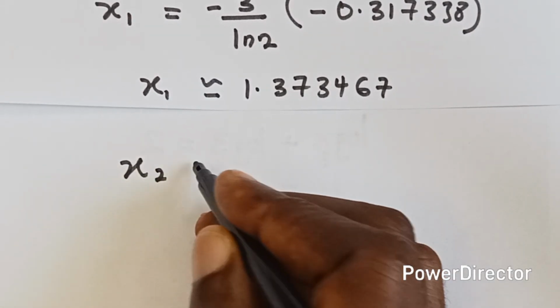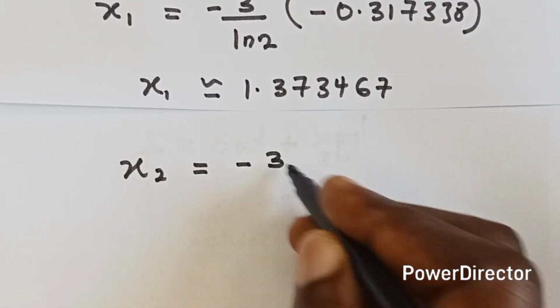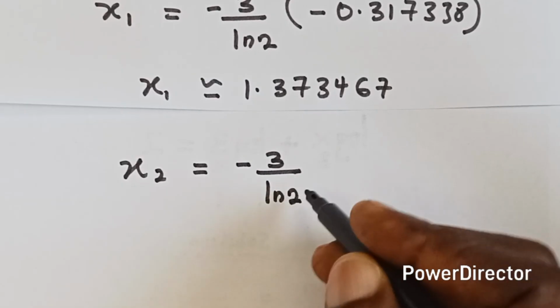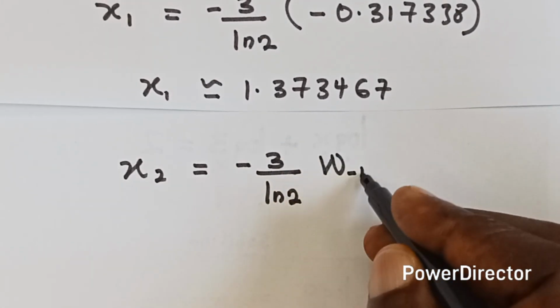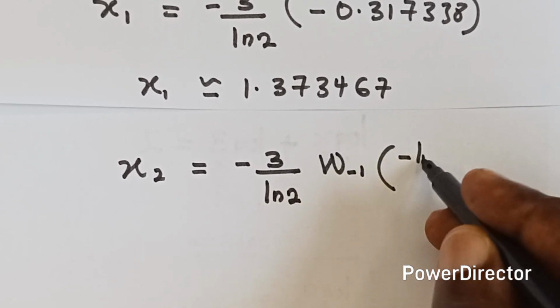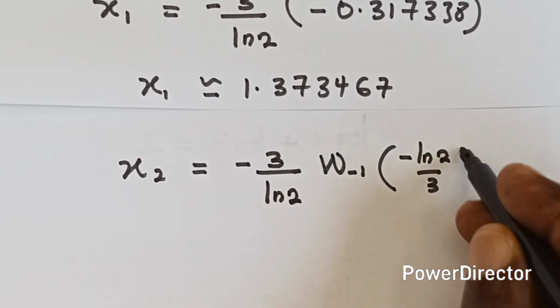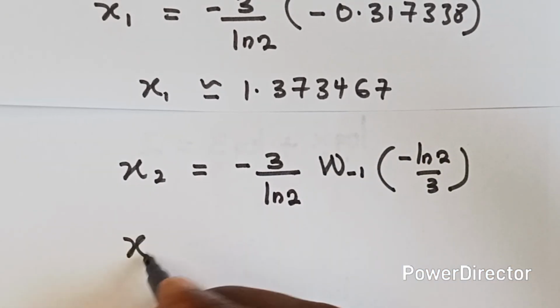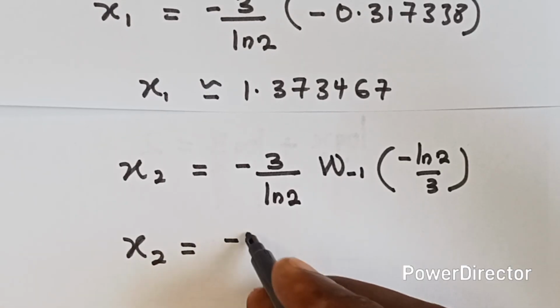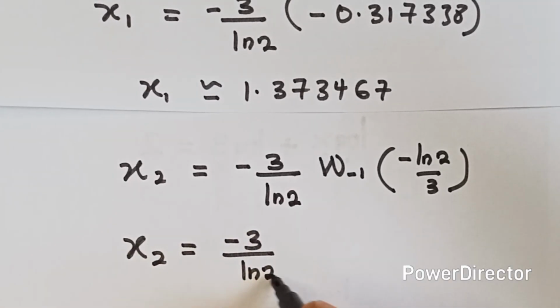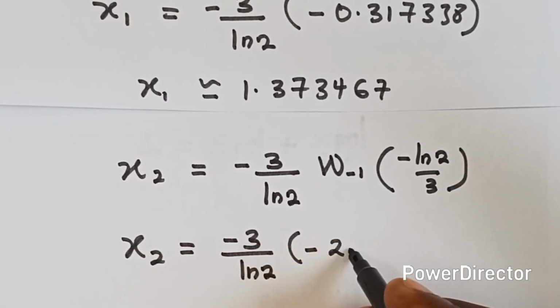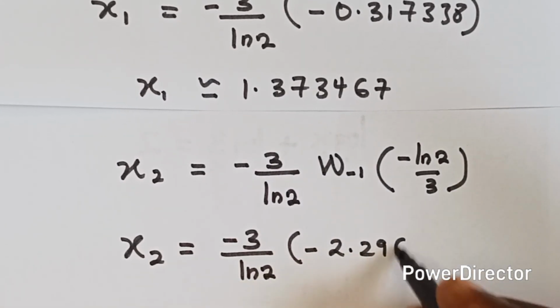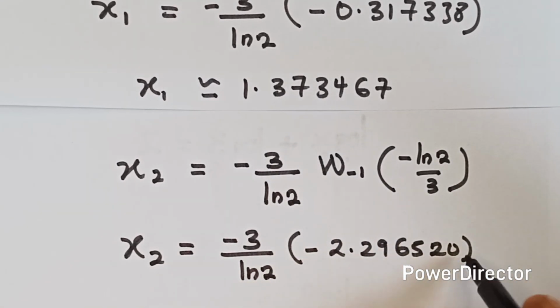Our x2 is going to be minus 3 over ln 2, and then don't forget we have it to be W minus 1 of the constant. Okay, let me write that again. All right, so then we have our x2 to be minus 3 over ln 2. Then the whole of this is minus 2.29650.